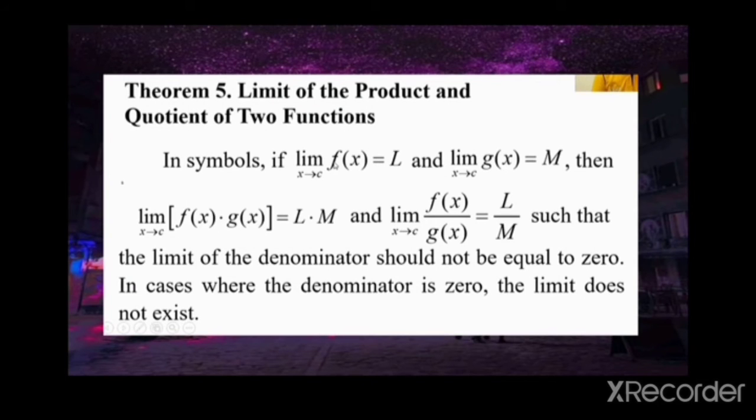In symbols, if the limit of f of x as x approaches c is equal to L, and the limit of g of x as x approaches c is equal to m, then the limit of f of x times g of x as x approaches c is equal to L times m, and the limit of f of x over g of x as x approaches c is equal to L over m, such that the limit of the denominator should not be equal to 0.